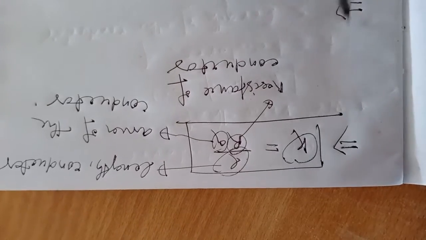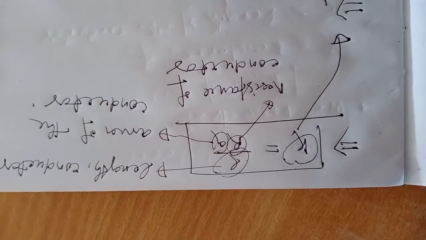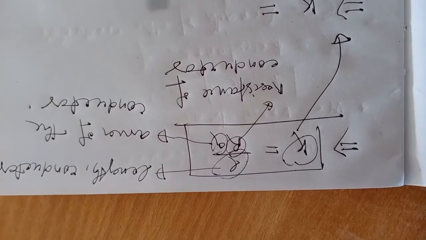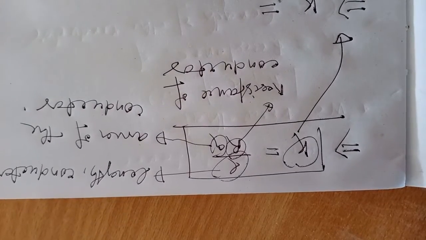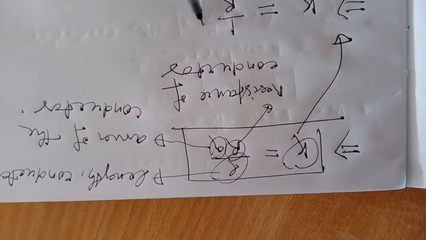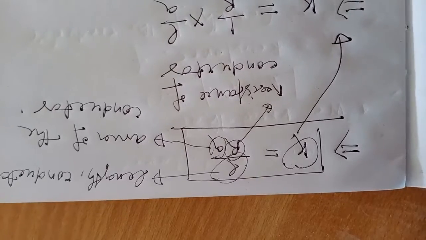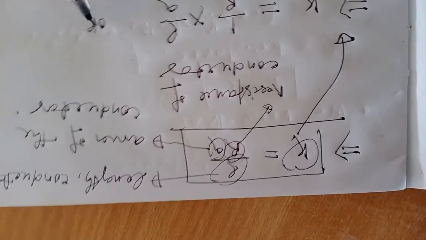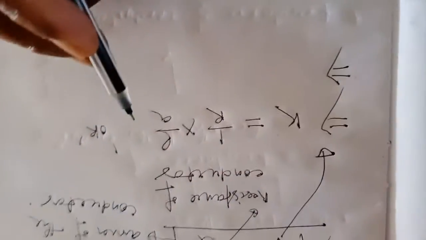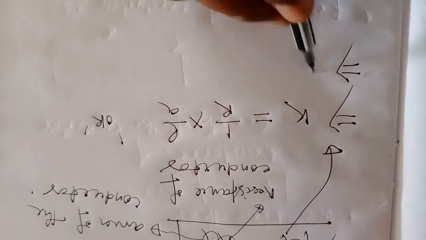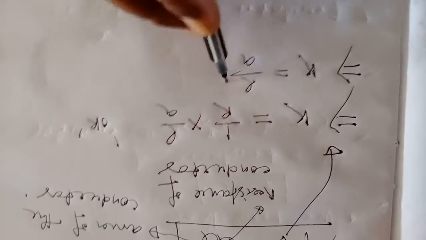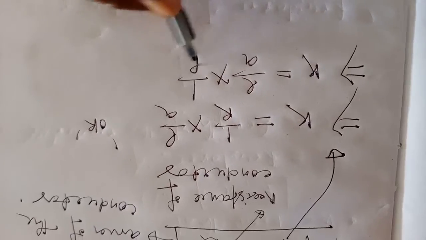This we can write as K equals 1 by R into L by A, or K equals L by A into 1 by R.